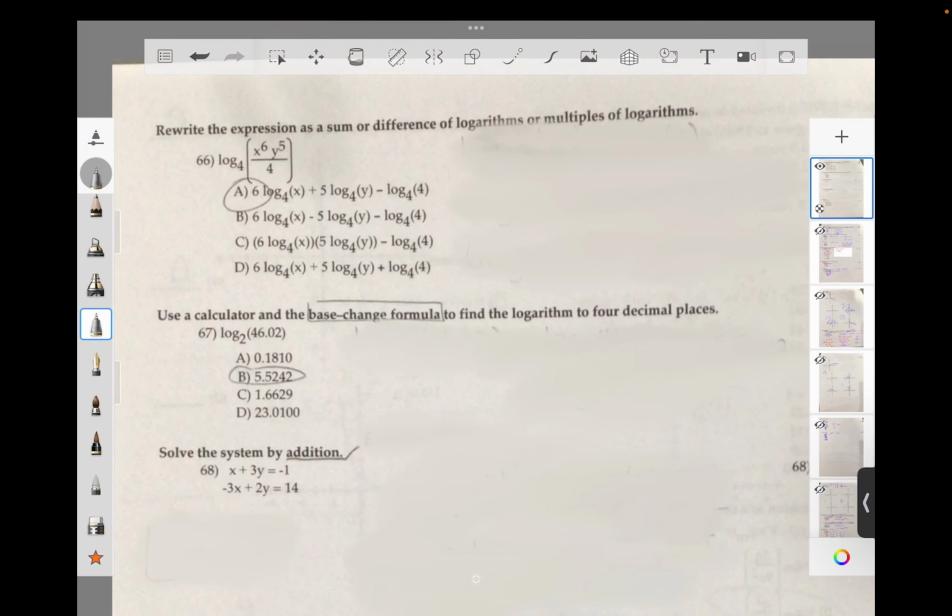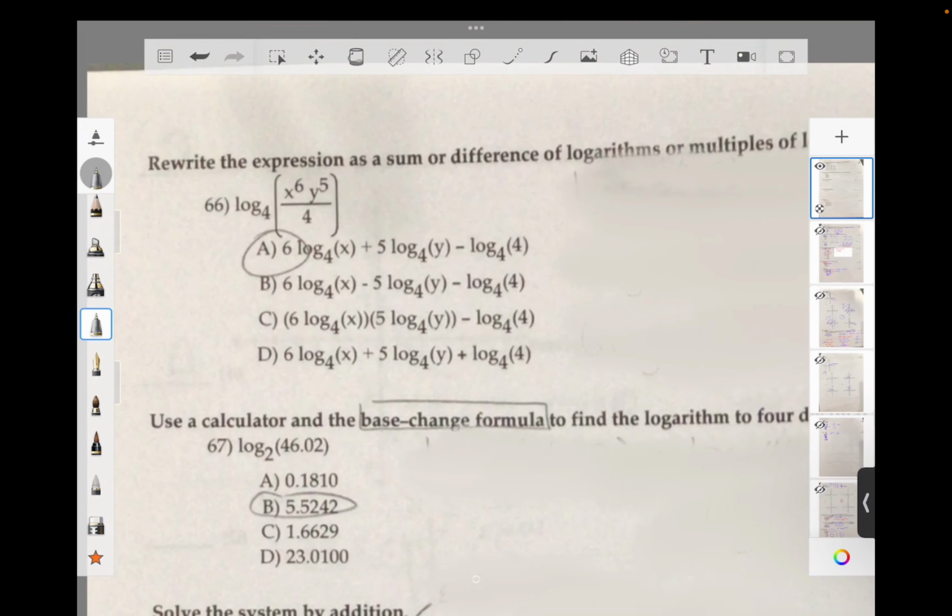Rewrite the expression as a sum or difference of logarithms or multiples of logarithms. Okay. Well, looking at the answers, we're not multiplying logs together.